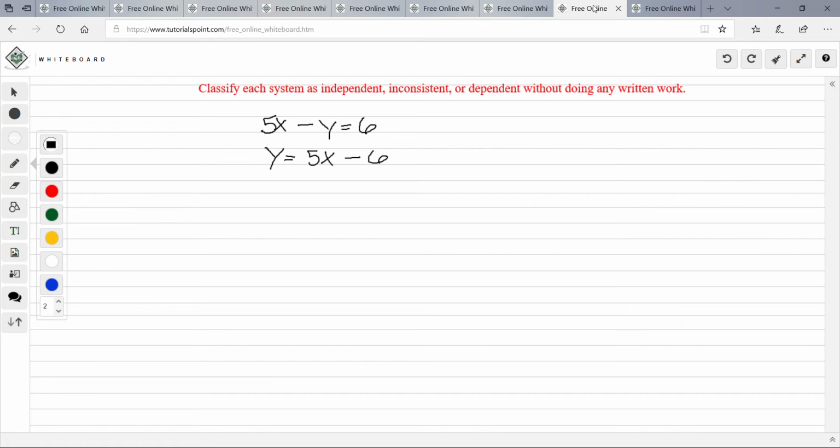Let's do 2 more. Classify each system as independent, inconsistent, or dependent without any written work. So we have to look at these. What do we know? So mentally, this one's okay.